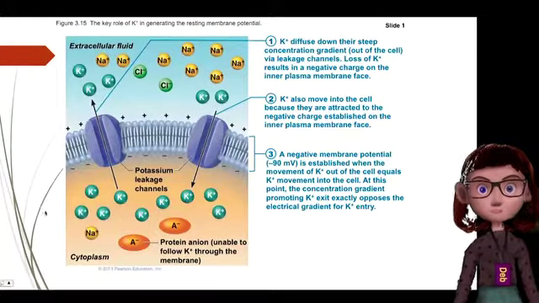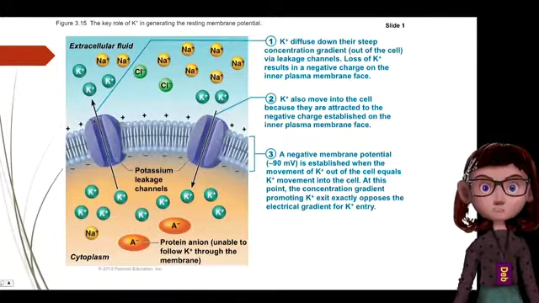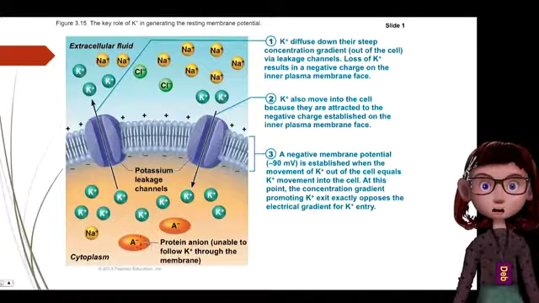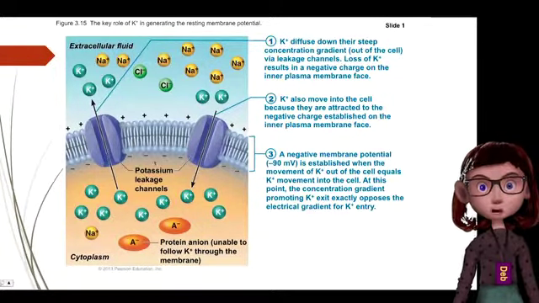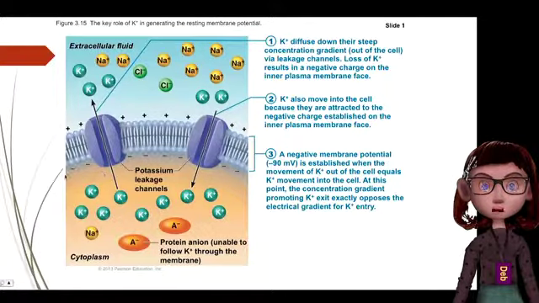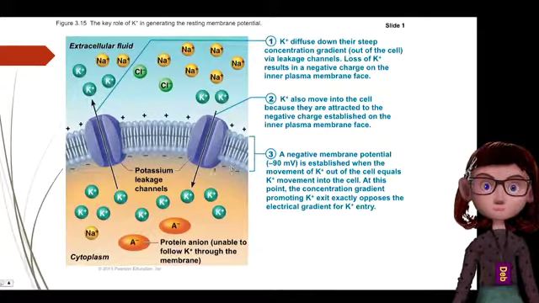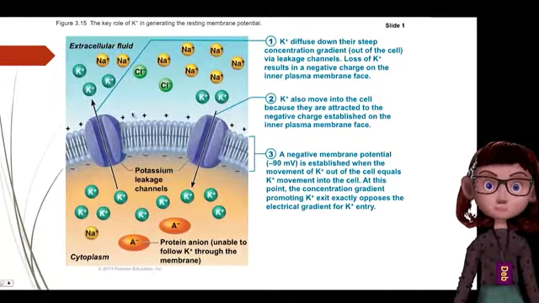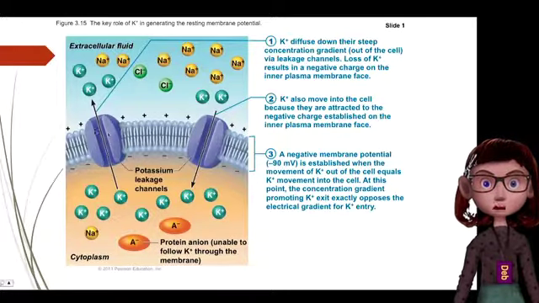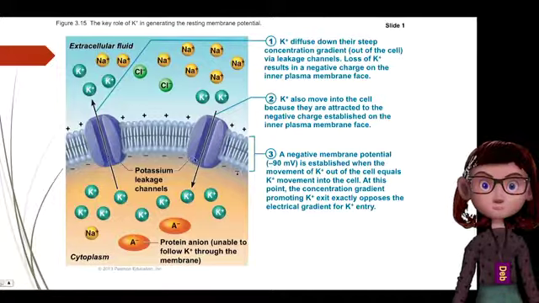The loss of potassium from inside the cell actually kind of draws these negatively charged proteins to the inner surface of the cell. So this is going to be really negative along the inner surface. The potassium also moves into the cell because it's attracted to the negative charge established on the inner face of the plasma membrane.